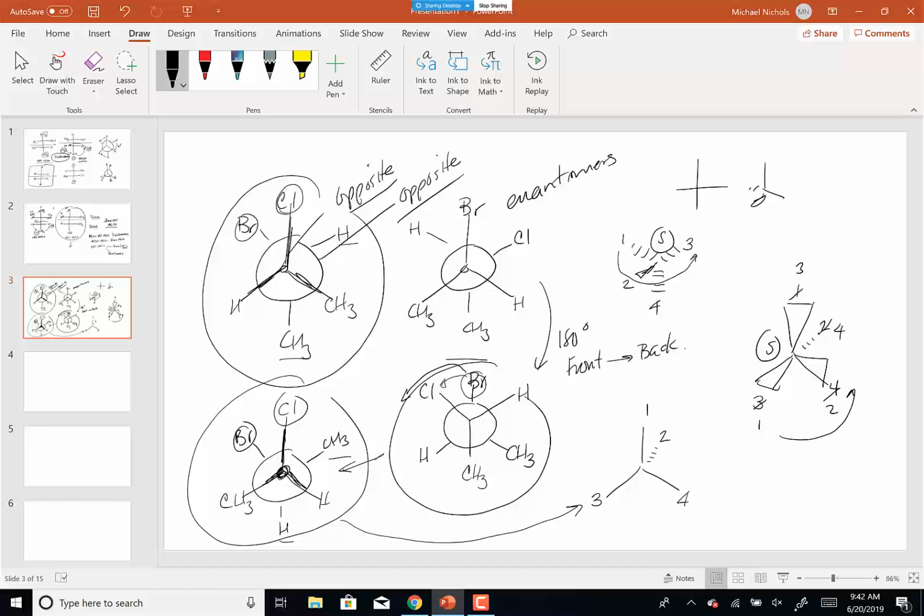I get SS, and I think that would be correct. So if that would make sense, you could do it that way and never have to convert the Newman into a Sawhorse or into a Fisher projection. But I don't know.